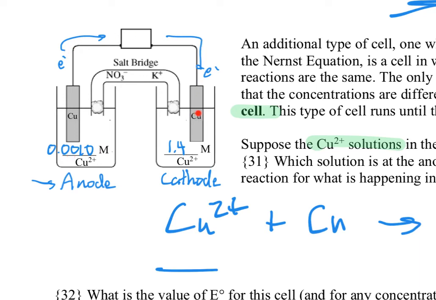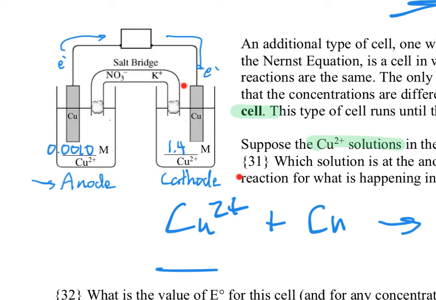And as the electrons end up here, it's going to take the copper 2 ions in solution and reduce them and form elemental copper, so this concentration will go down. And you can see where this is headed. Eventually this concentration galvanic cell will stop working when the concentrations in both compartments are the same.